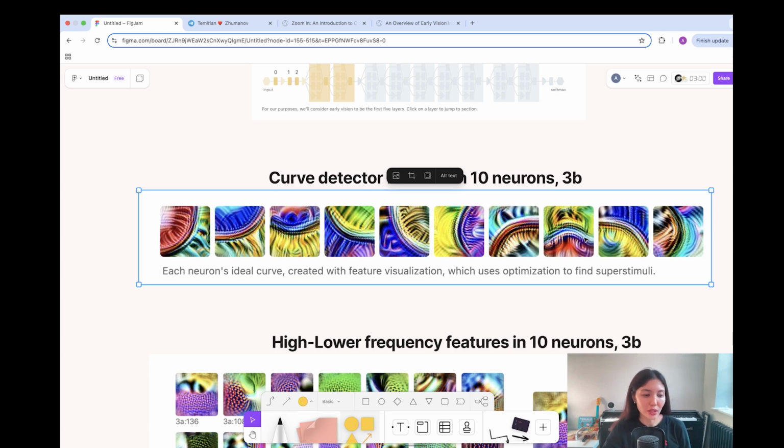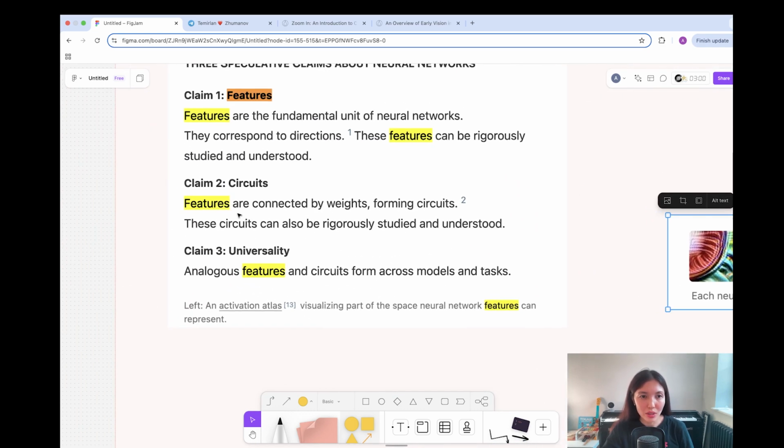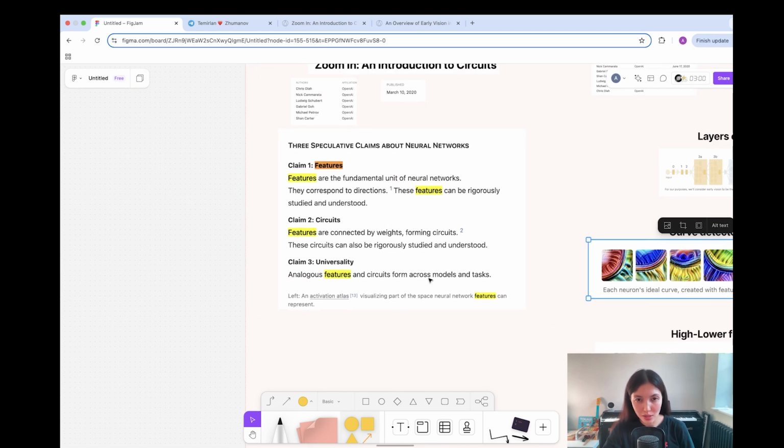Researchers also share that the curve detecting neurons can be found in every non-trivial vision model they've carefully examined. So this is aligned with the third claim they made, which is about universality. And they say analogous features and circuits form across models and tasks.